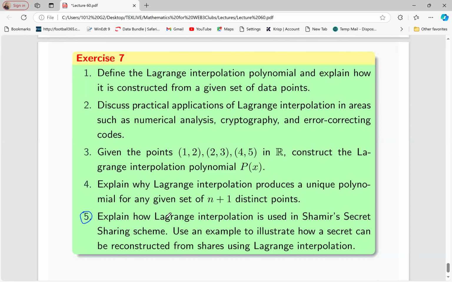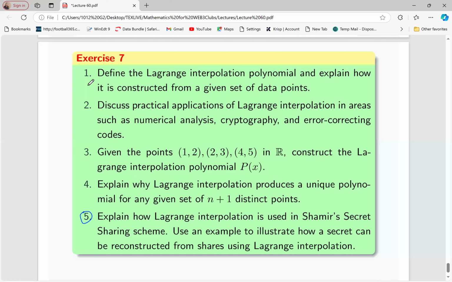Use an example. We've not looked at this secret sharing scheme, but you can look at it in advance. Of course, we will come there. I wanted us to see that Lagrange interpolation is used there. As you research on that, you can see how Lagrange interpolation is used in this secret sharing scheme. Then I've said you can use an example to illustrate how the secret can be reconstructed.